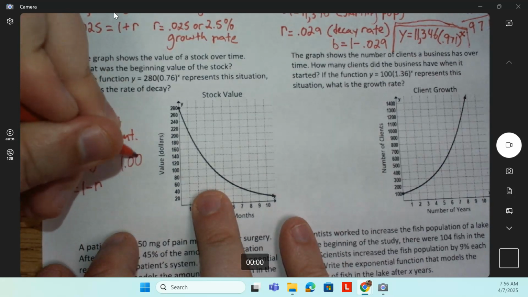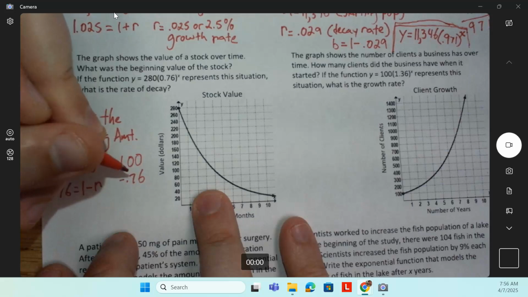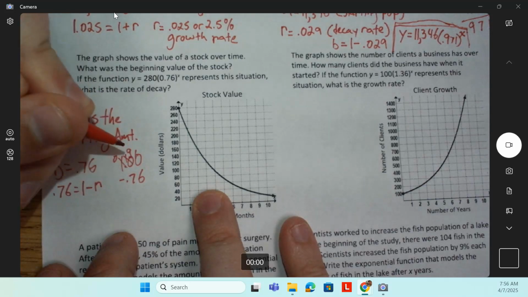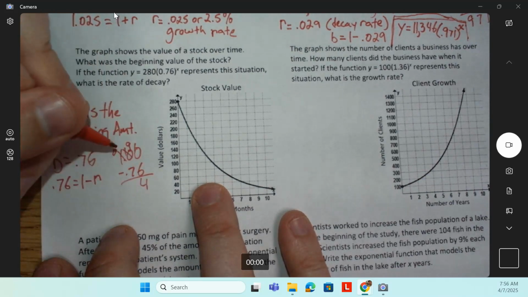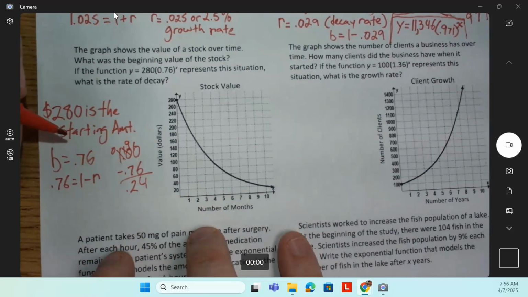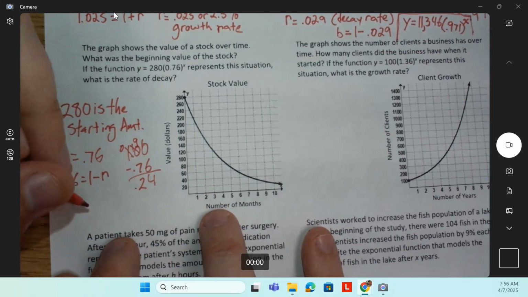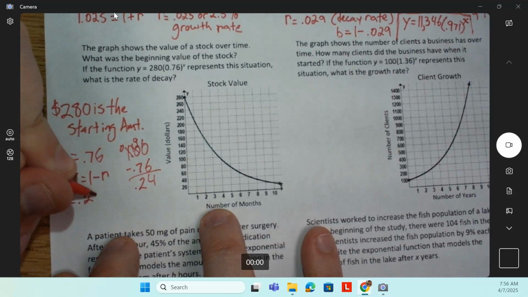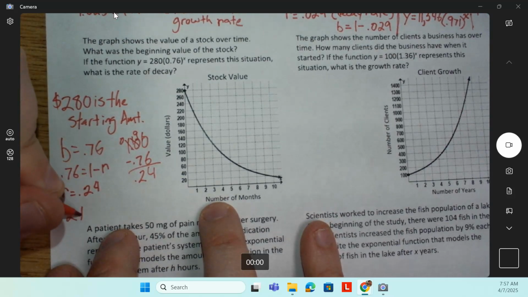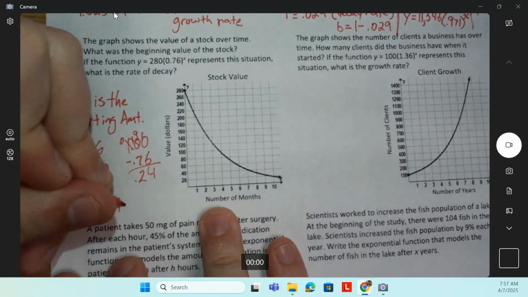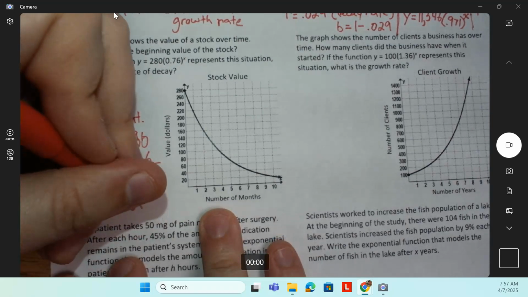So 1.00 minus 0.76. So r equals 0.24, a 24% rate of decay.